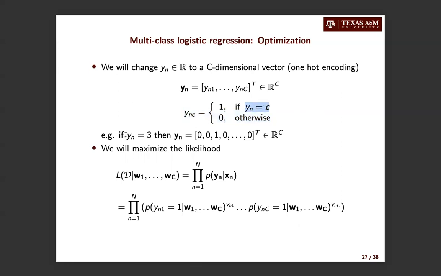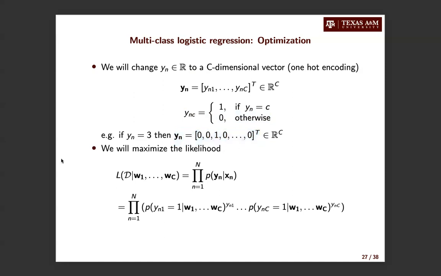For example, if our sample belongs to the third class, then the corresponding one-hot encoding would be 0, 0, 1, and then all zeros until we reach the number of total classes, which is the length of the vector. So what we would like to do, since we are now having something like a multinomial probability, is to maximize the likelihood of our data.